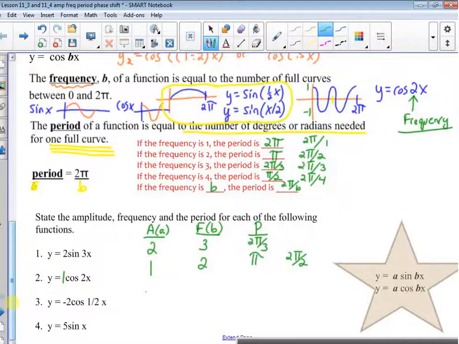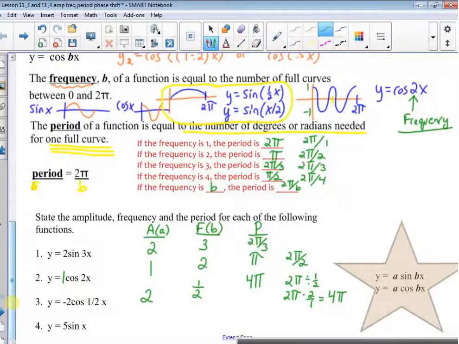The amplitude is 2, always positive on the amplitude. The frequency is 1/2, and 2 pi divided by 1/2 is the same as 2 pi times 2 over 1, which is 4 pi, which is 720 degrees.